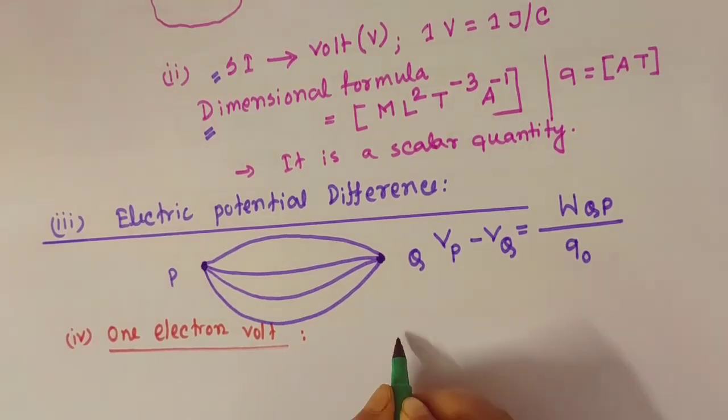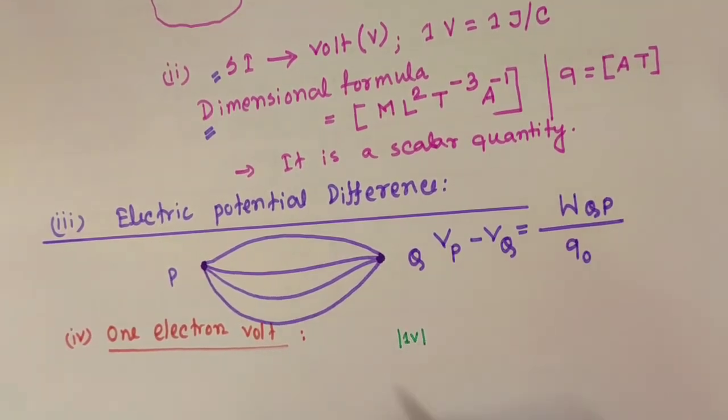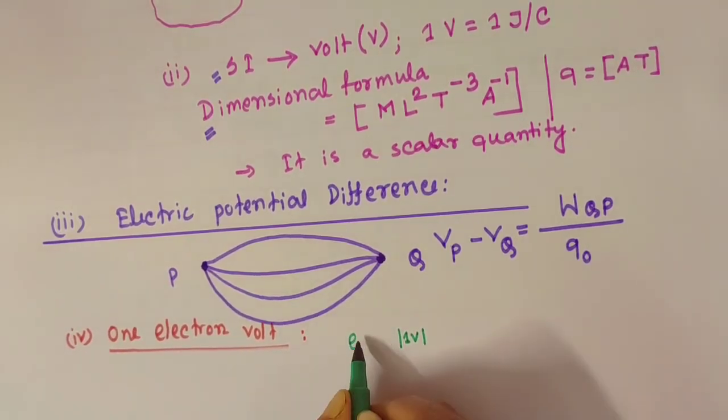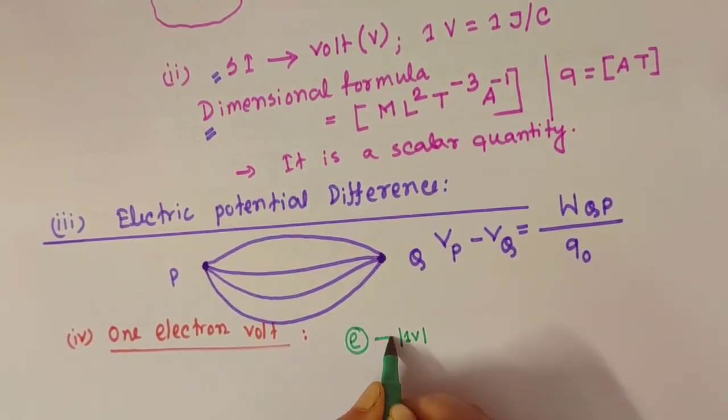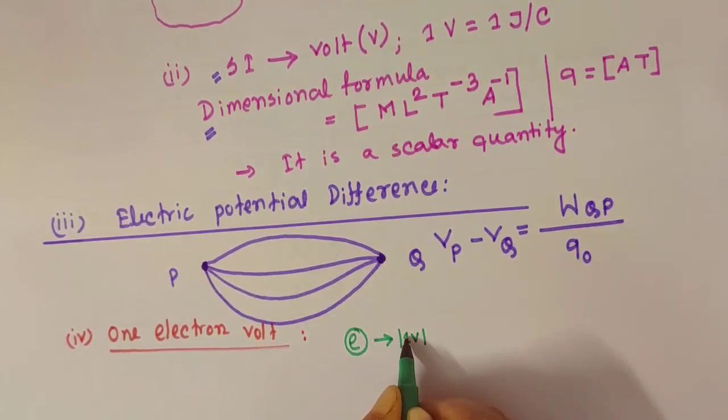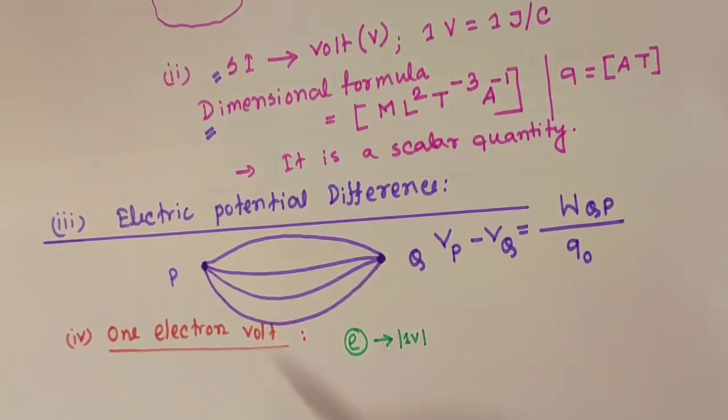That means, suppose we have a potential difference of 1 volt, and we move one electron or another single elementary charge such as a proton through this potential difference. Then the work required to move this elementary charge is 1 electron volt. Clear?